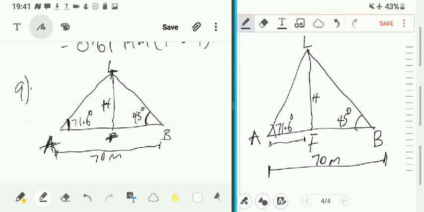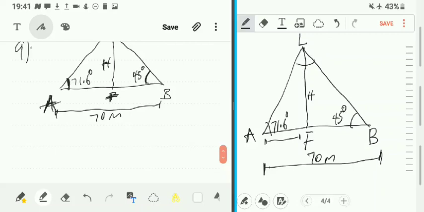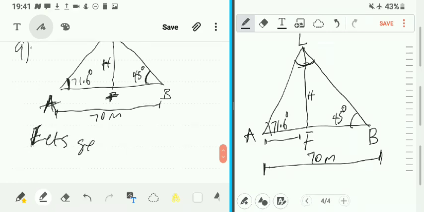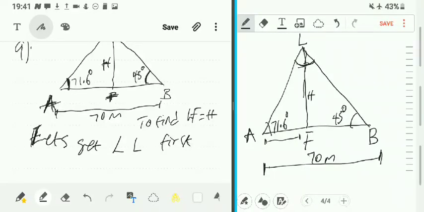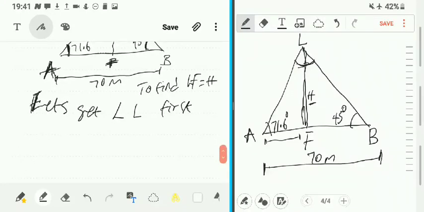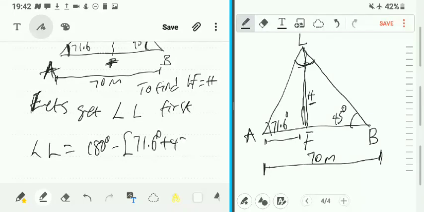So let's get angle L first. We want to find LF, which is the same thing as H. So angle L is equal to 180 degree minus 71.6 degree plus 45 degree, giving me 63.4 degree.